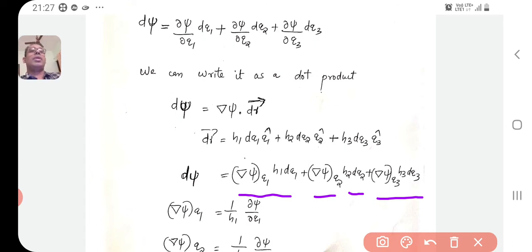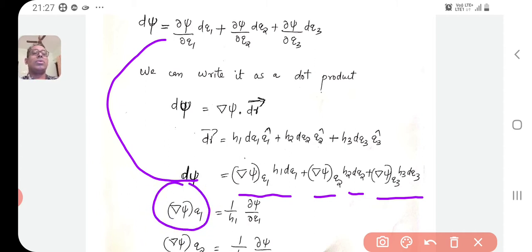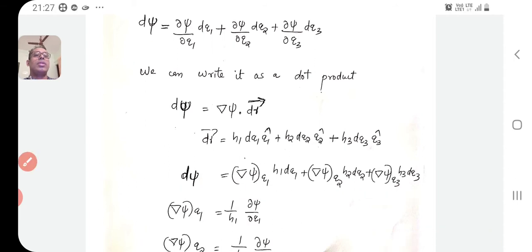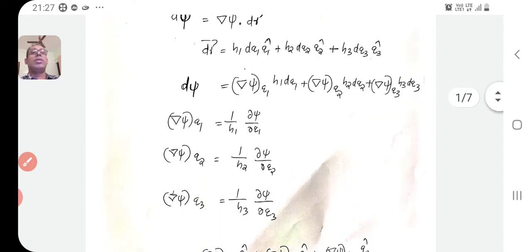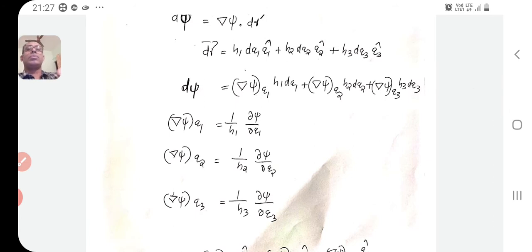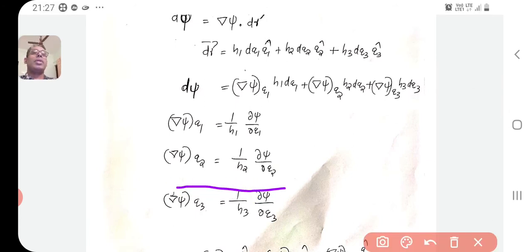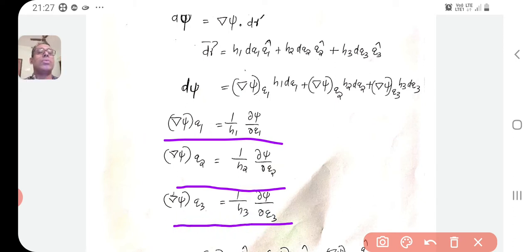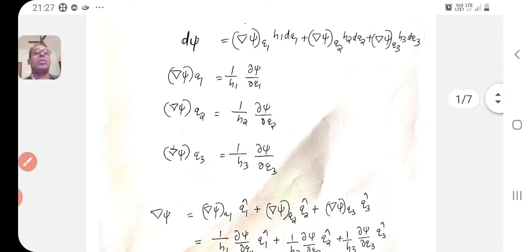And when we compare with this one, we will get del psi the q1 component as equal to 1 by h1 dou psi dou q1, del psi q2 that is equal to 1 by h2 dou psi dou q2, del psi q3 that is equal to 1 by h3 dou psi dou q3.